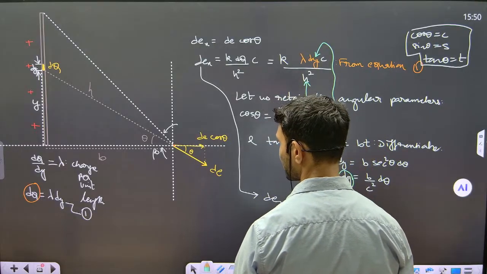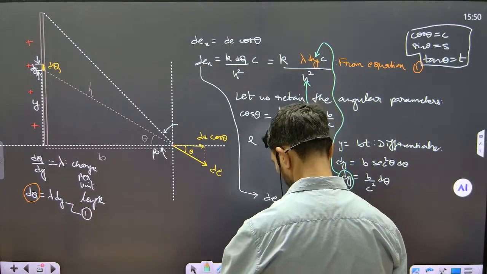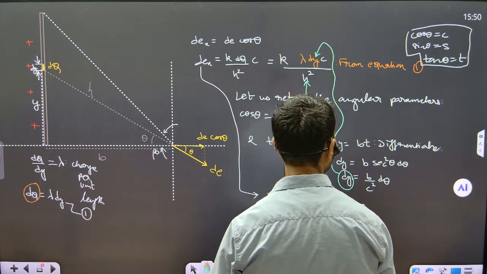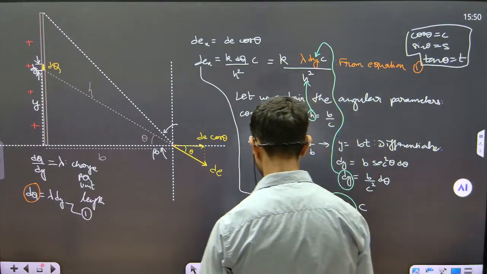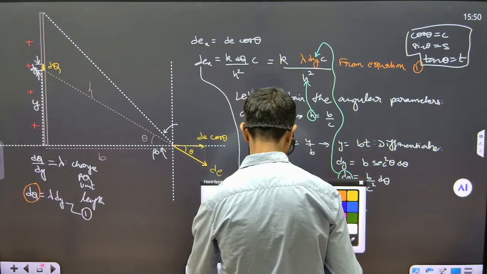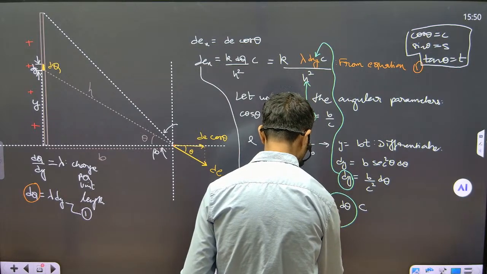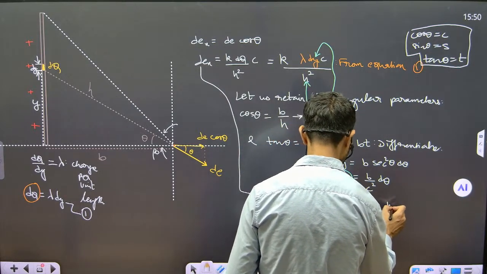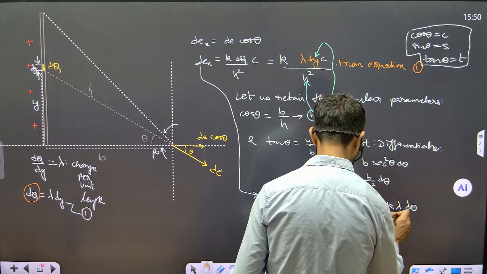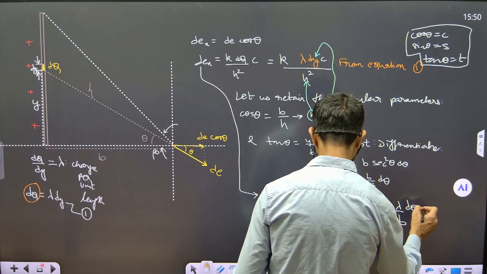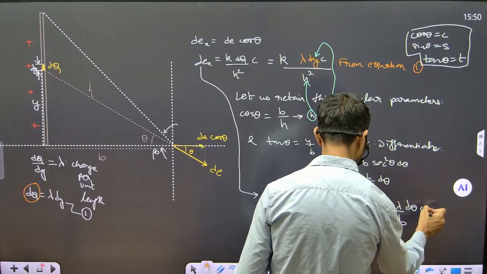As you can see, and then we can simplify c square b and we get finally what? k lambda d theta by b into cos theta, right?